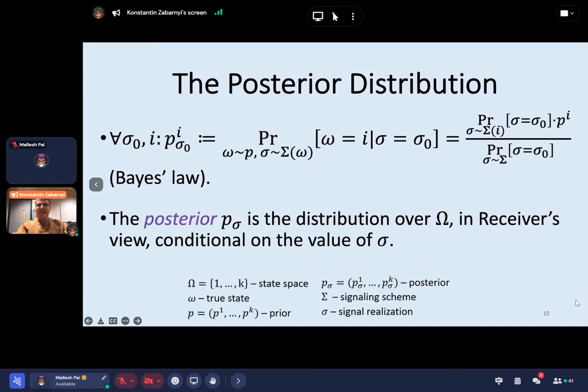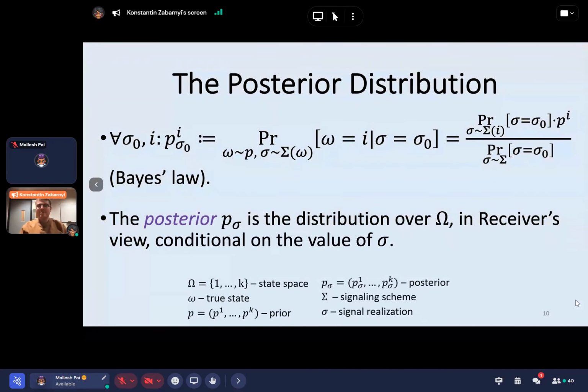Note that after the receiver gets the true signal realization sigma, she can deduce a new updated belief about the state of nature. And she can compute the new distribution over the values of the state using Bayes' law. So the computation is fairly simple, and we call the new distribution over the values of the state, from the point of view of the receiver after observing the signal, the posterior distribution, or just the posterior.